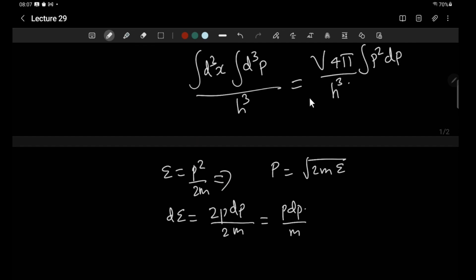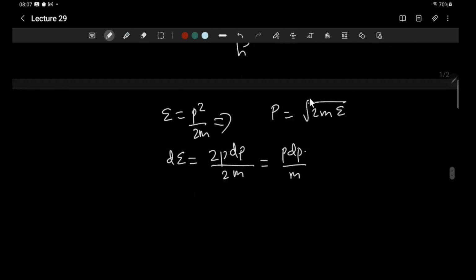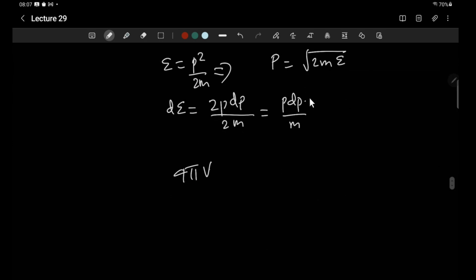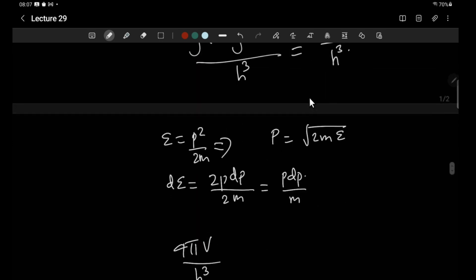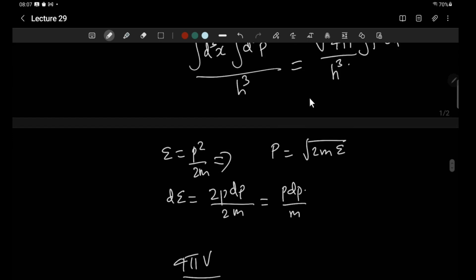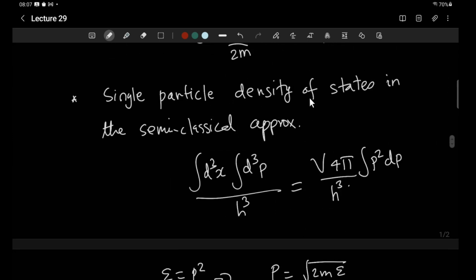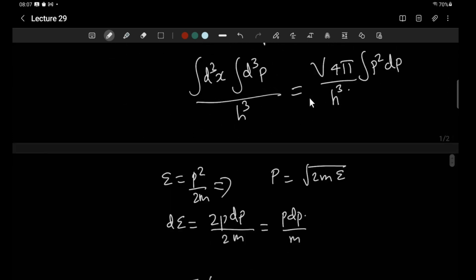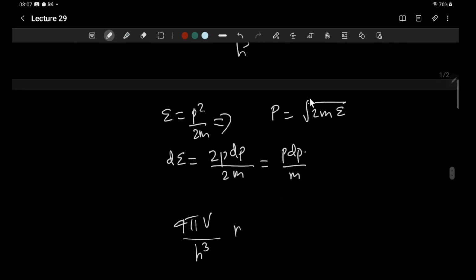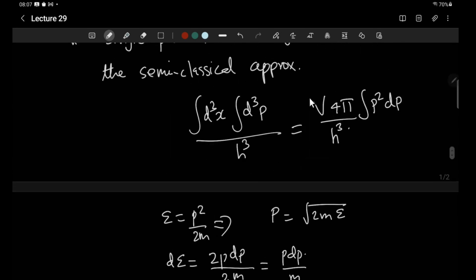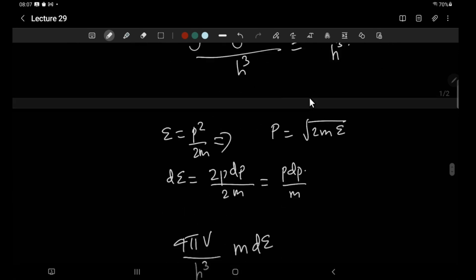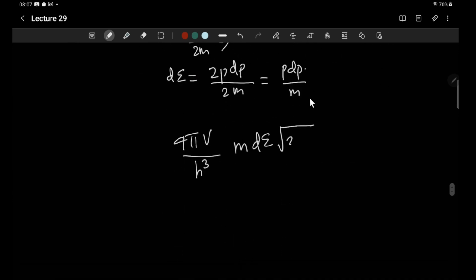So this semi-classical integral will just become 4 pi V by h cubed times p dp upon m. So p dp, which we have here, we should replace by m d epsilon. But there is another factor of p, so that will be square root of 2m epsilon. Sir, divided by, right?